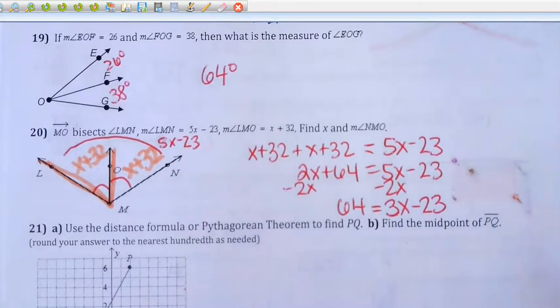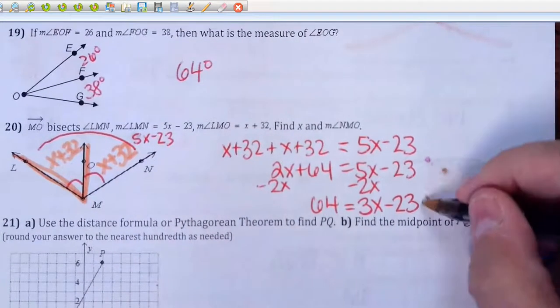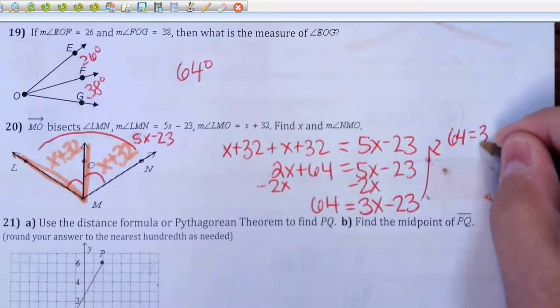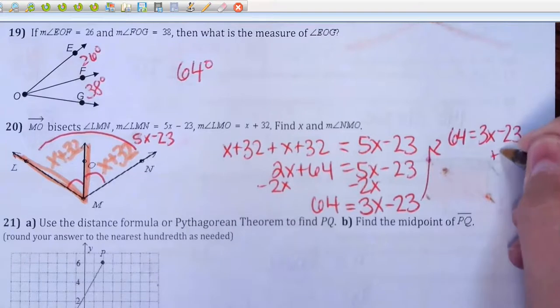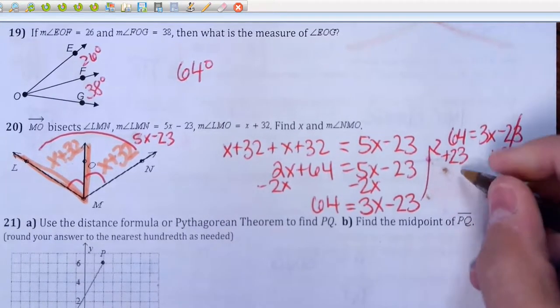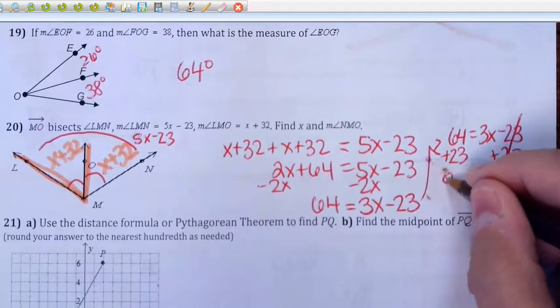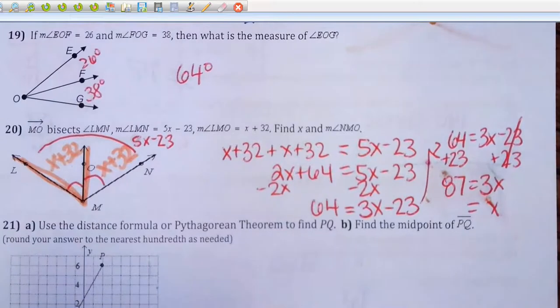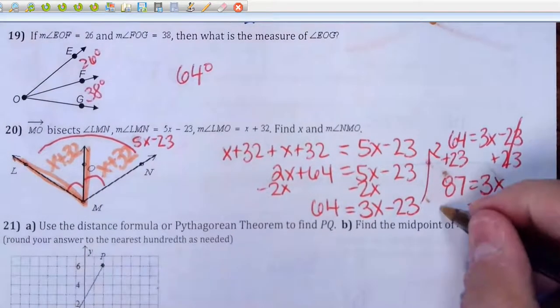And then, of course, I'm writing too big, so I'm just going to rewrite this real quick. I'm going to add 23 to both sides to get it away from here. So I'm going to get 87 equal to 3x. And then what I need to do there is divide by 3. And x is going to be 29.